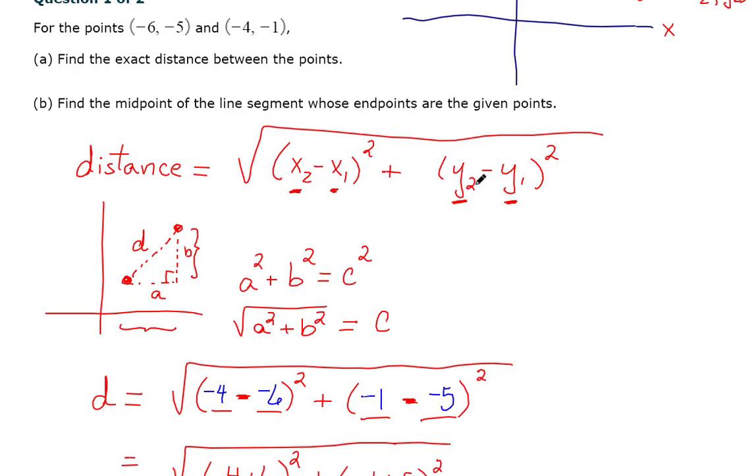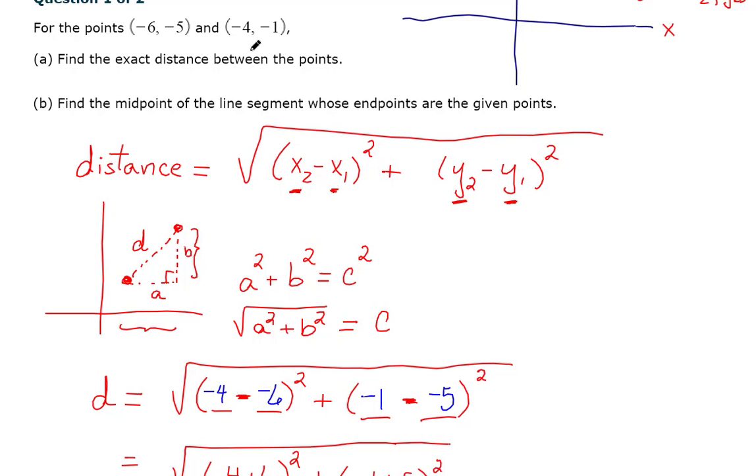So here's the x, here's the y. Minus 4, minus 1. Again, my x and my y. Now you might say, well, which one of these is x1 and which one is x2? Well, the fact is that it does not matter. Just be consistent.